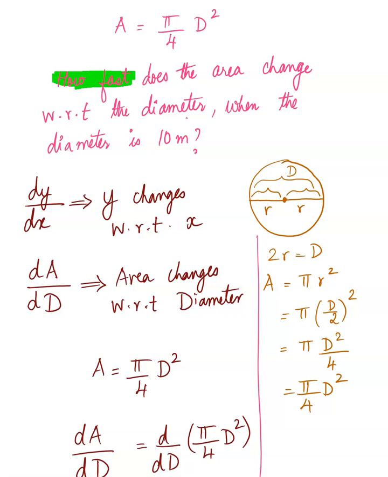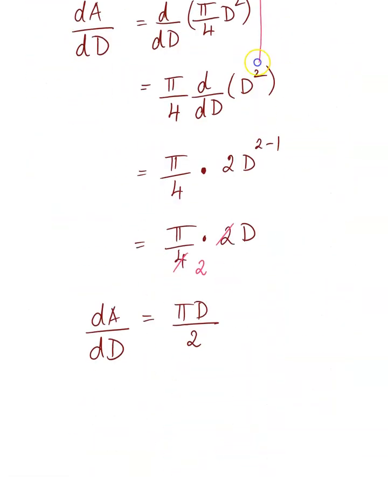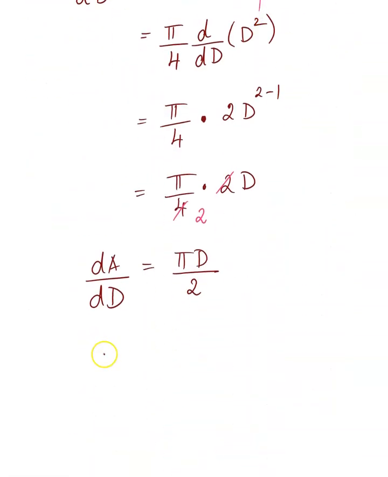At one particular point, at one particular instant, it is 10 meters. So we are looking at it for a specific instant. The way we express that is we put this vertical bar and say when D equals 10. This is kind of a shortcut for us to say we are finding the rate of change of area with respect to diameter when diameter is 10 meters.